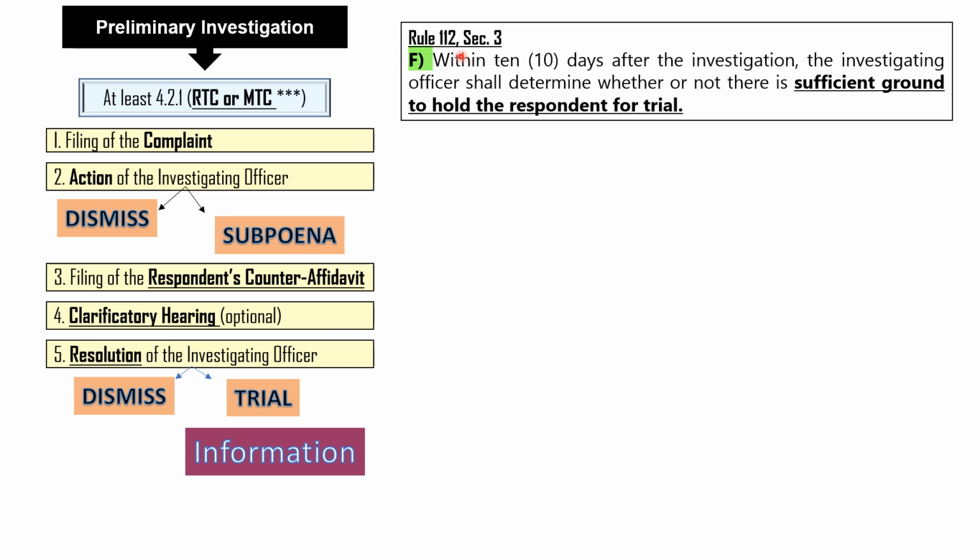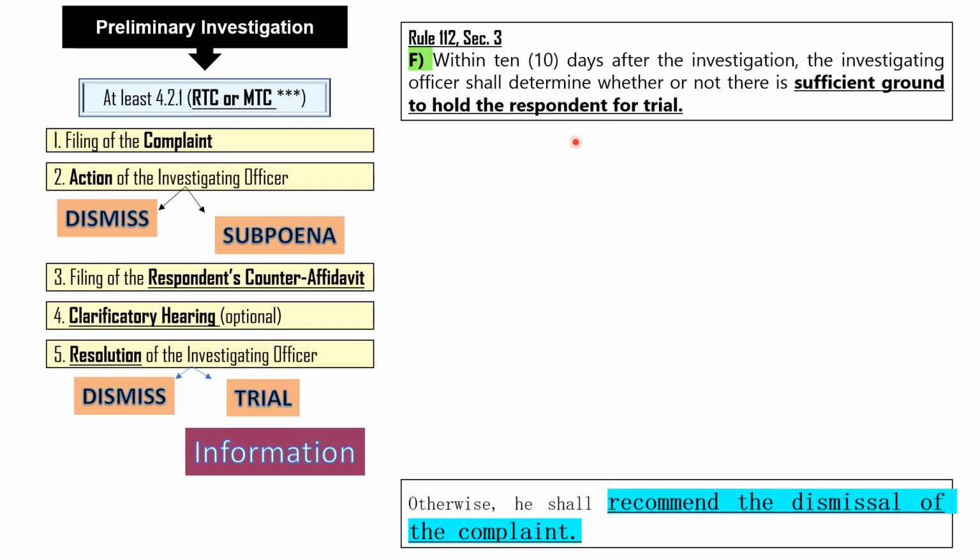Section 3 of your Rule 112, letter F, is very clear that after the investigation, that is from your number 1 up to number 4, the investigating officer should now make a decision, and his decision is either to hold the respondent for trial or recommend the dismissal of the complaint.